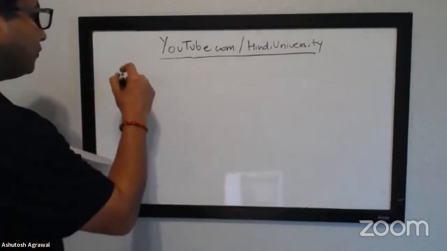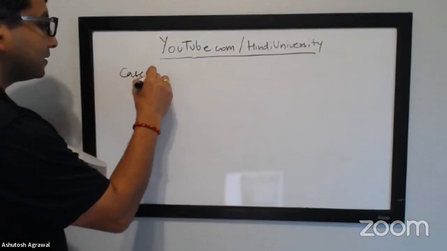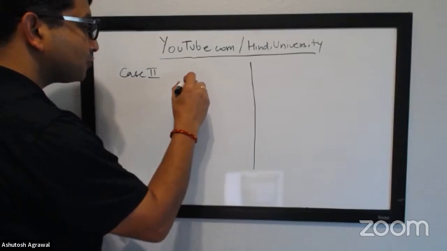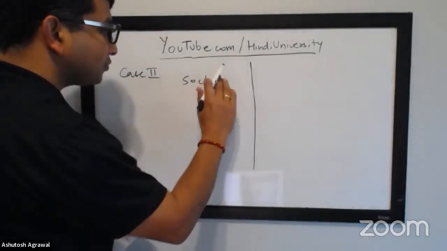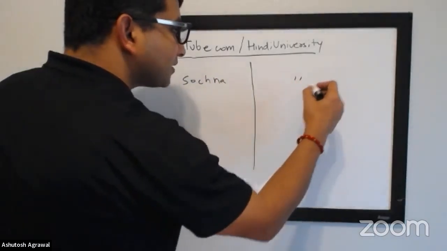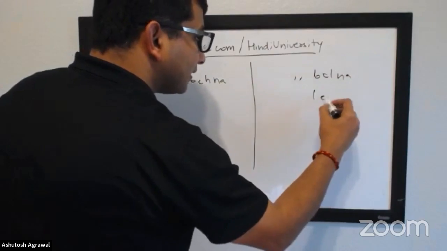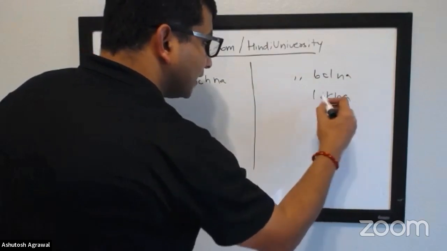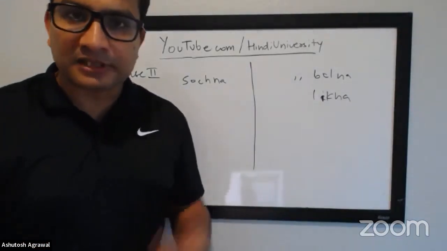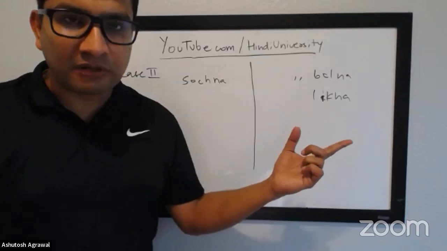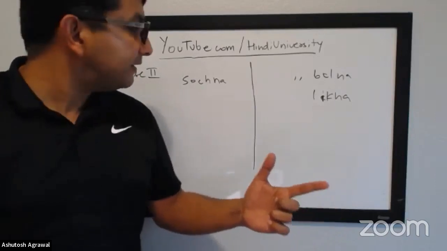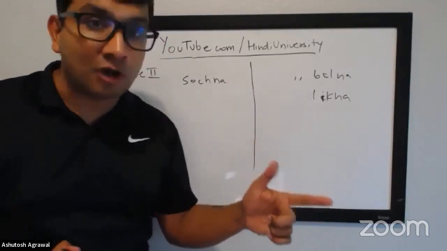Your case number 2 is, let's say I give you two verbs, sochna, and then many other words you can think of, such as bolna, likhna. You use a conjunctive participle on the first verb, and then give an imperative command to someone, which is basically first think and then talk.